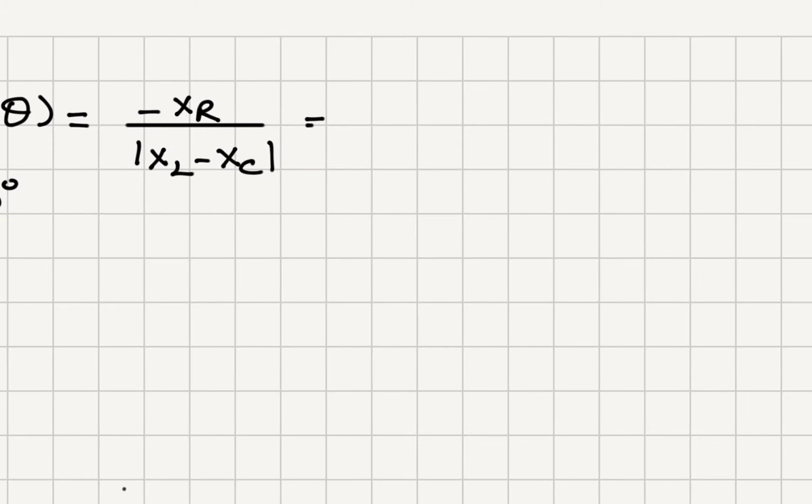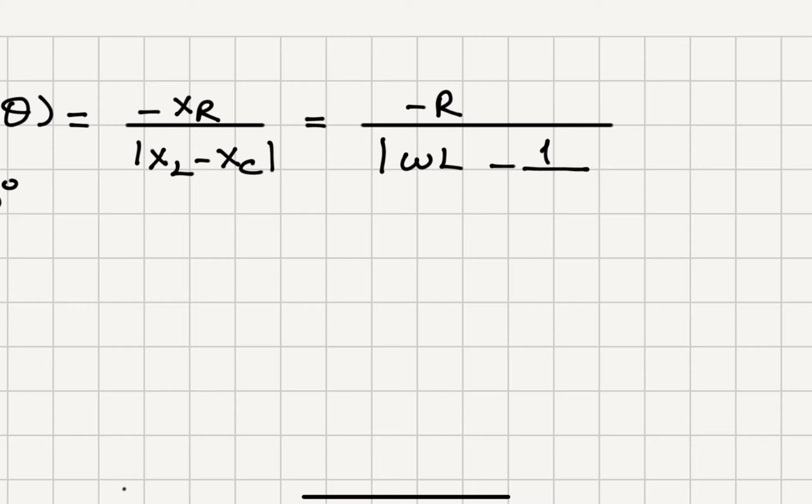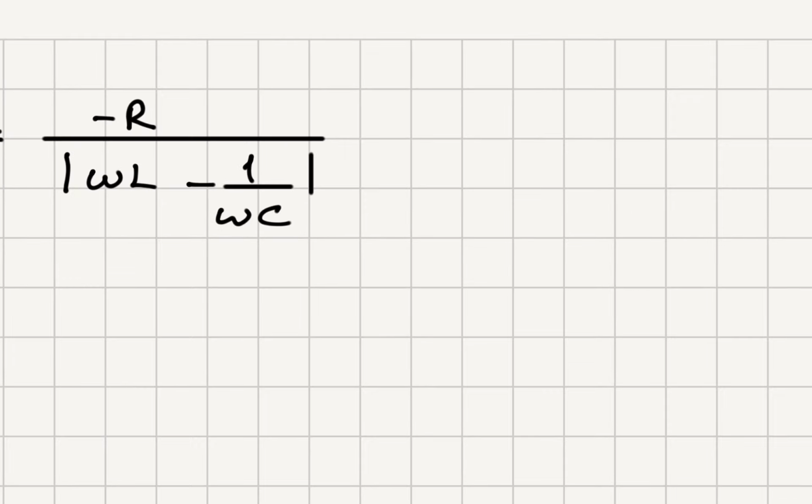So if I do that here, it is minus R divided by the absolute value of omega L minus 1 over omega c. So this gives me the final answer for theta.